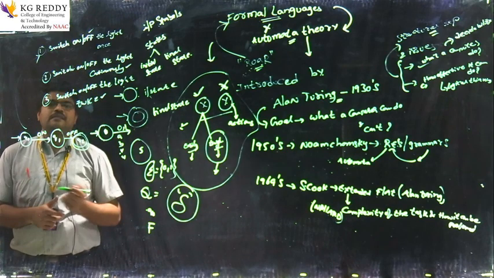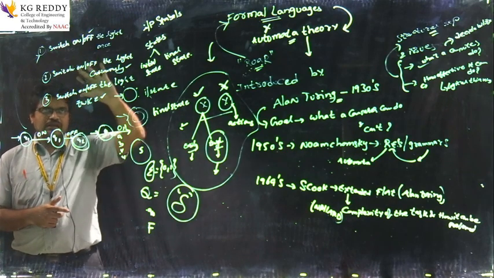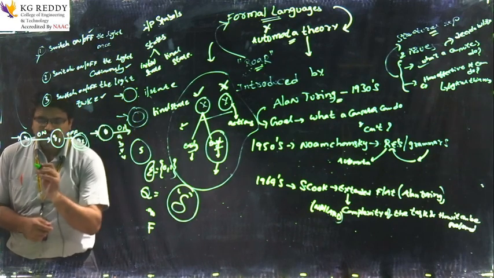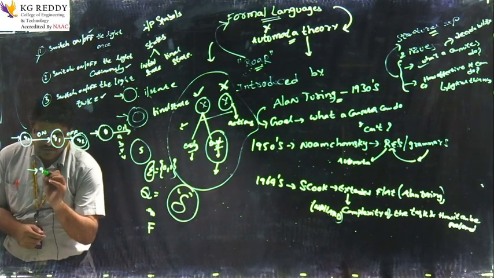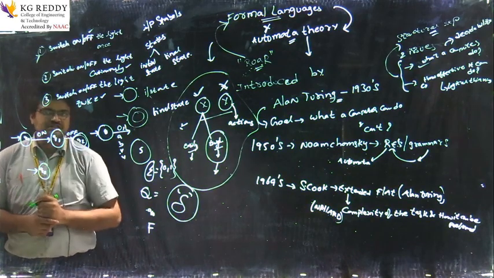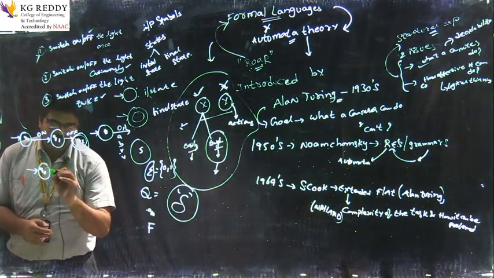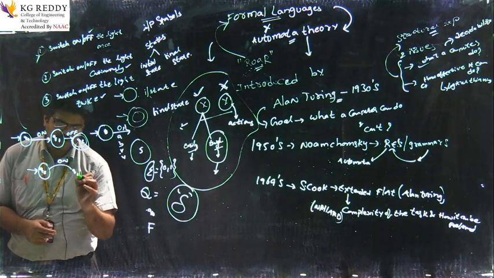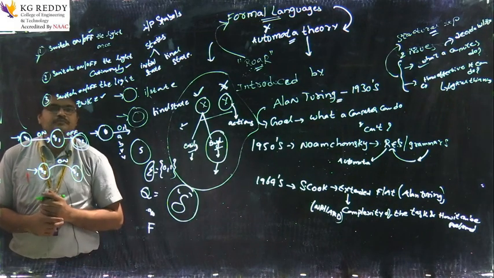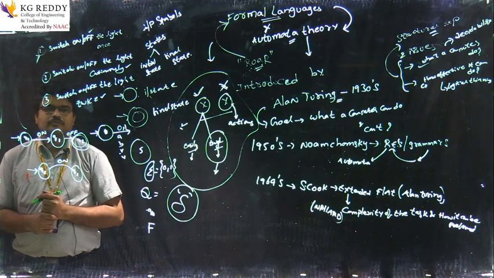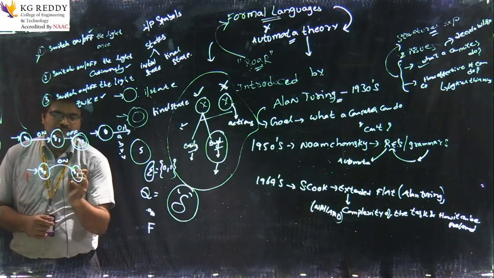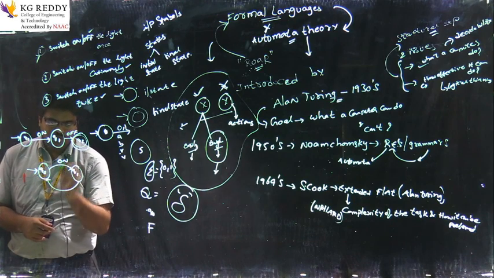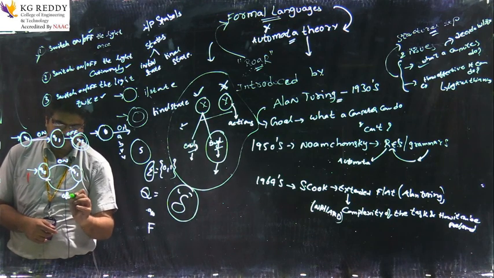Let me take another type of diagram and check whether all three will be satisfied. Let me take Q naught as the initial state. I perform one operation, on, going to Q1, and next I perform off here.